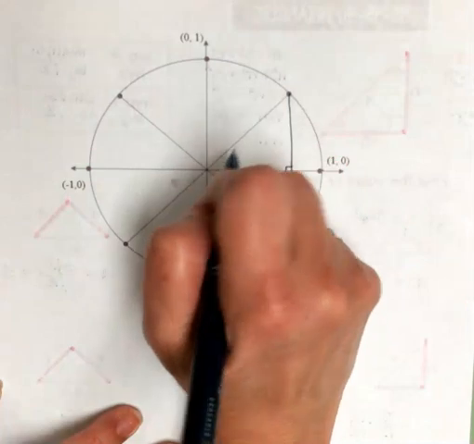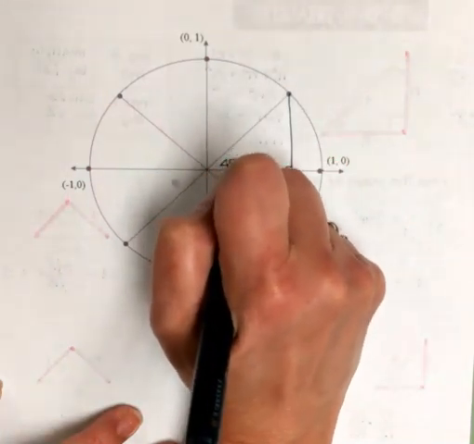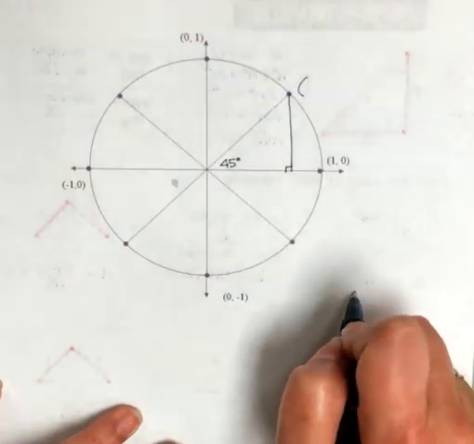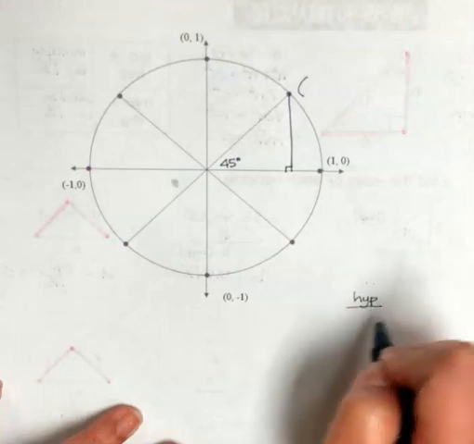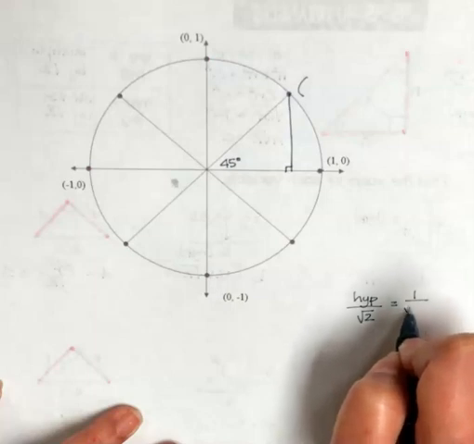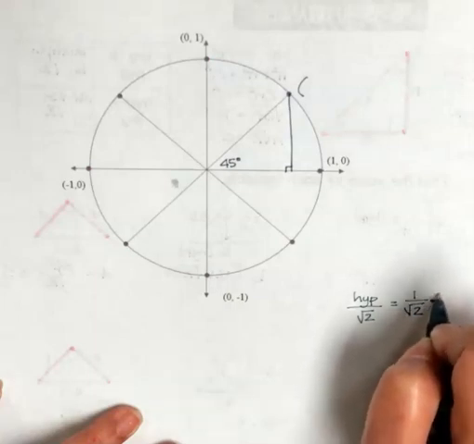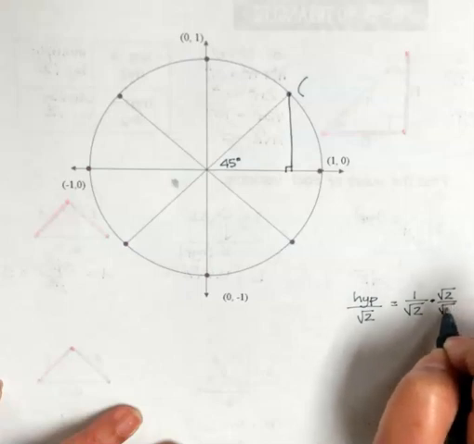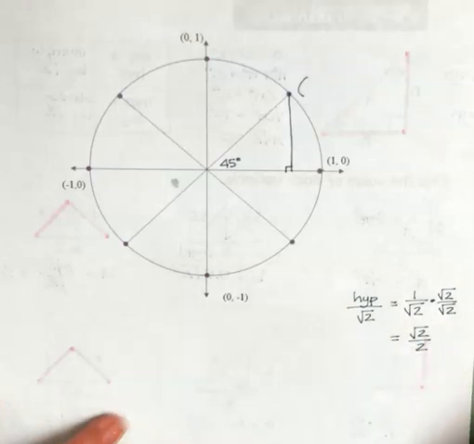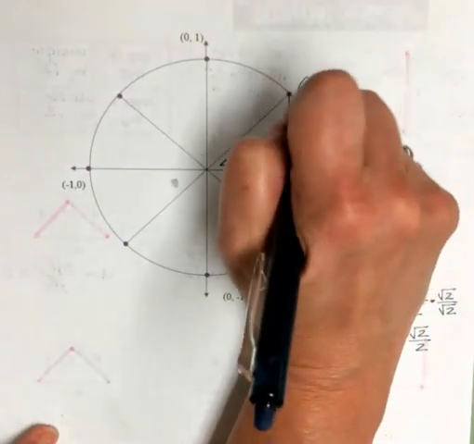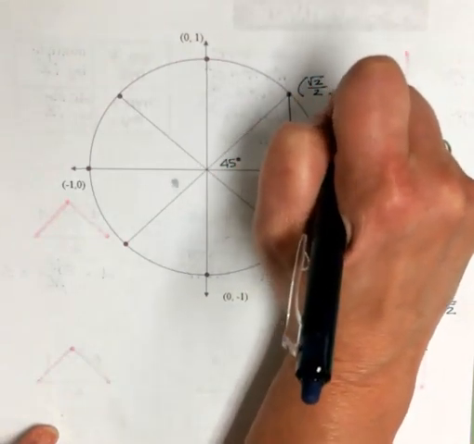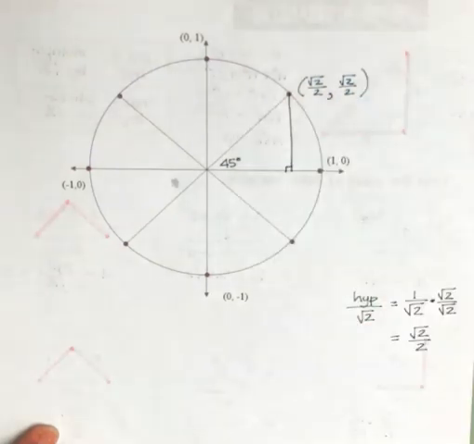But what we're going to find, since this is a 45-degree angle, we take our hypotenuse, divide it by the square root of 2. Our hypotenuse is 1. Divided by the square root of 2. Again, we have to rationalize it. We get square root of 2 over 2. So the coordinates of this point here is the square root of 2 over 2, square root of 2 over 2.